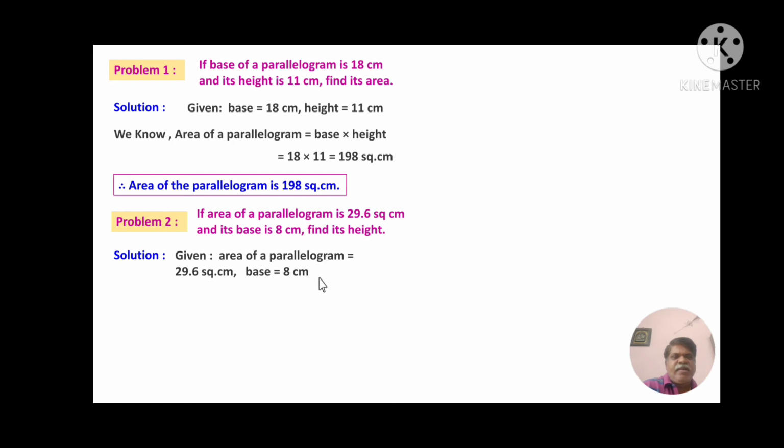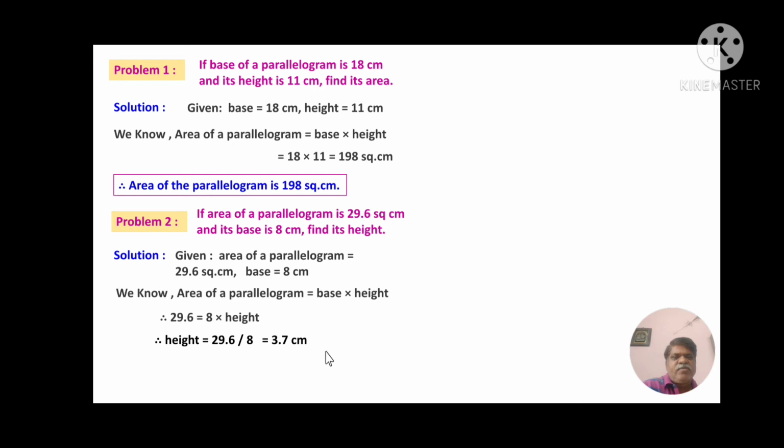We have to find the height. We know that area of the parallelogram is equal to base into height. We put the values. Therefore, 29.6 is equal to 8 into height. Therefore height is 29.6 upon 8, which is 3.7 centimeter. So the height of the parallelogram is 3.7 centimeter.